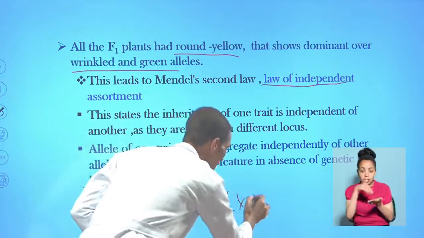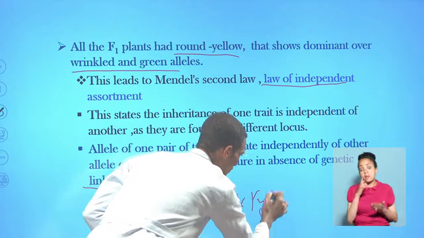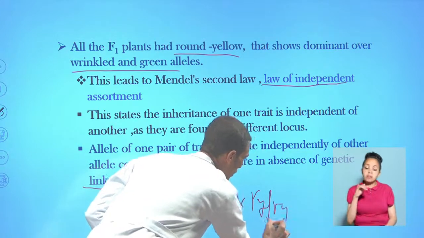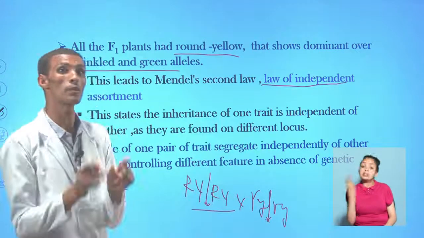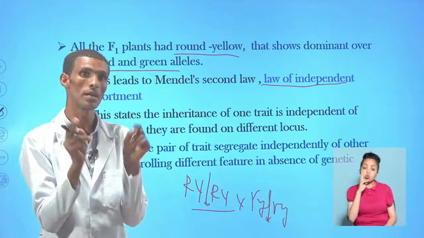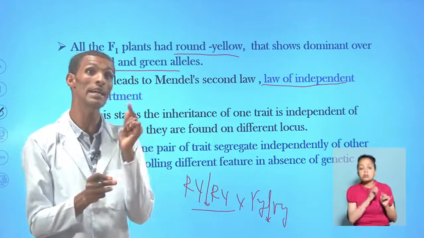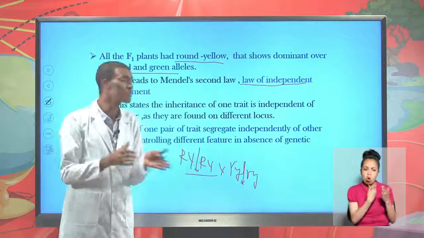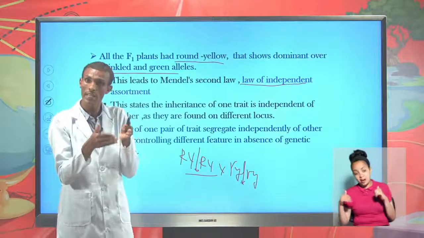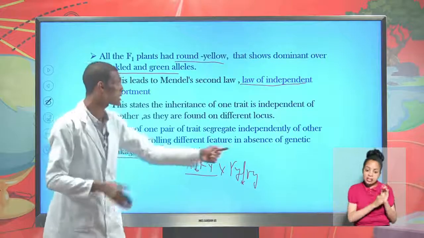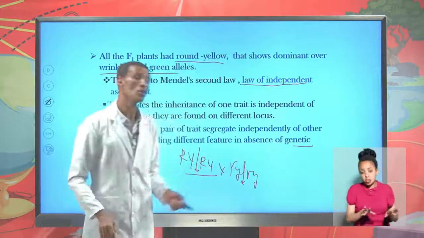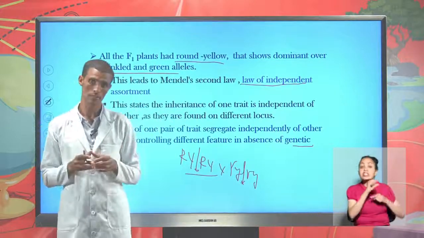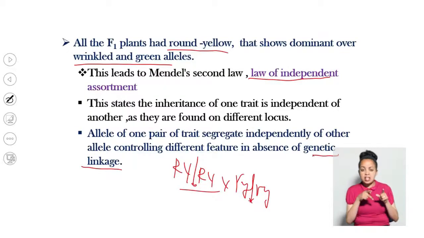These two characters cannot be considered as two; rather, they are inherited as a single unit. By that, all the alleles become separate or segregated independently in the absence of genetic linkage. So, genes can be linked. The phenotype and the genotype of this cross can be calculated in the absence of genetic linkage.